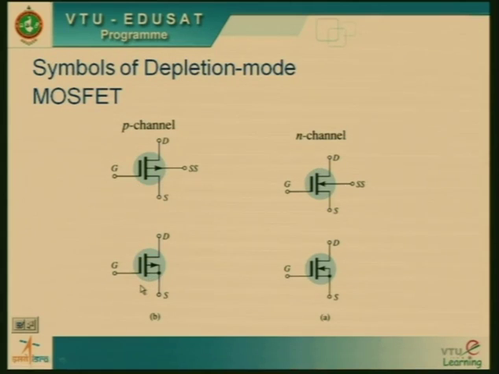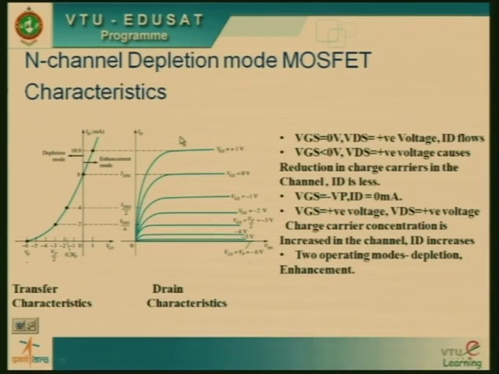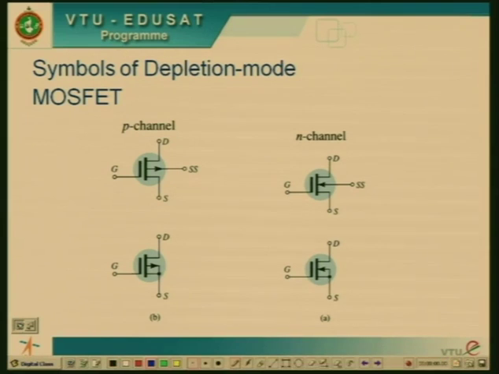Now, let us take up the symbols of depletion mode MOSFET. So, the first symbol is the P channel. In P channel devices, as you can observe here, there is one additional terminal in MOSFETs called substrate terminal.